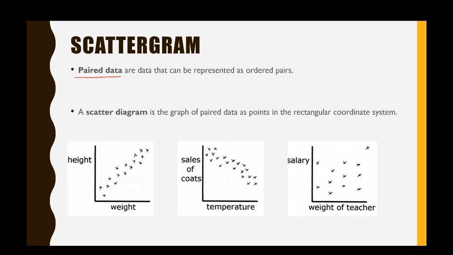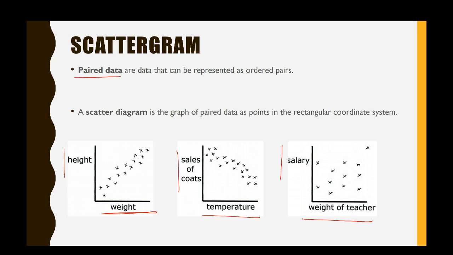In other words, at this weight, I'm at this height. At this temperature, I sell this many coats. At this weight of a teacher, we have that type of a salary. So you're looking at two things put together to represent one paired data.